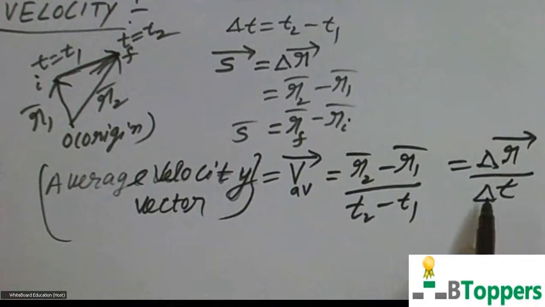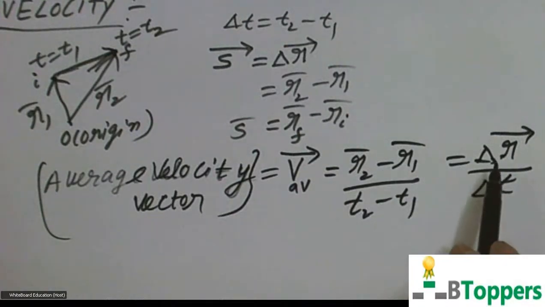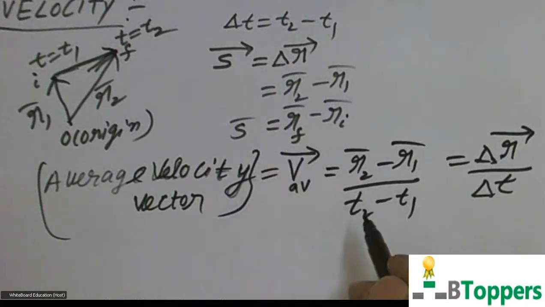So average velocity is also a vector. Direction of the average velocity is the same as the direction of the change in the position vector, or the same as the direction of the displacement of the particle.